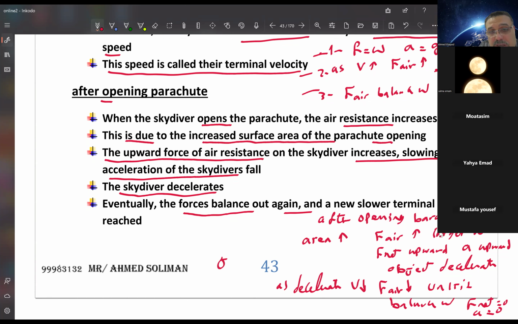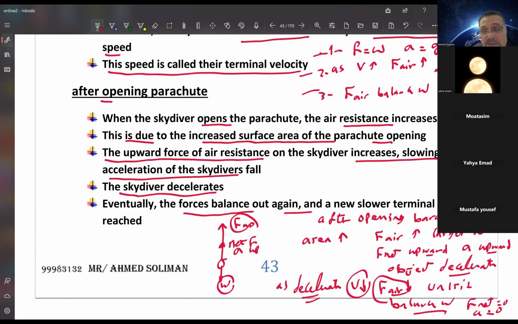So acceleration will be upward. It's against motion. If the resultant force is against motion, the object will decelerate. As the object decelerates, what happened? Speed decreases. As the speed decreases, air resistance decreases again until it balances weight and resultant force equals zero, acceleration equals zero again.